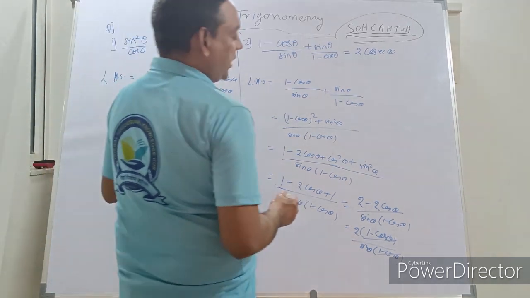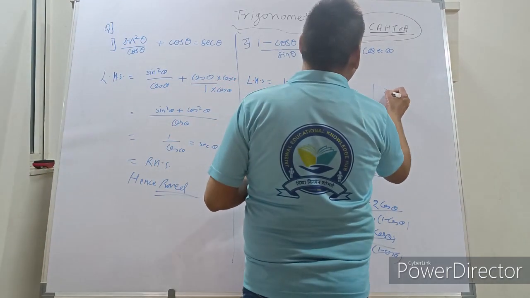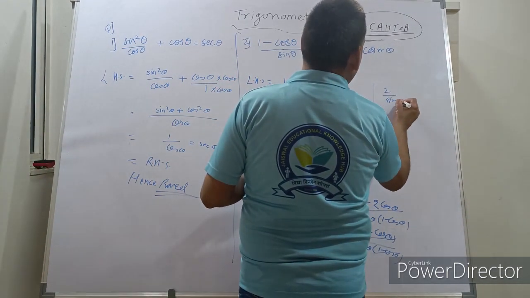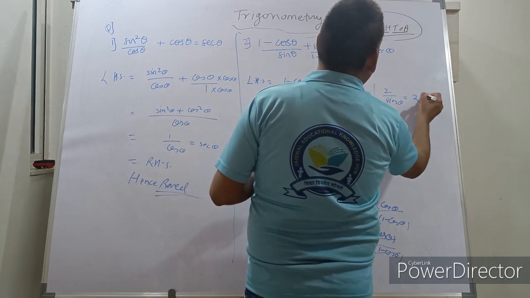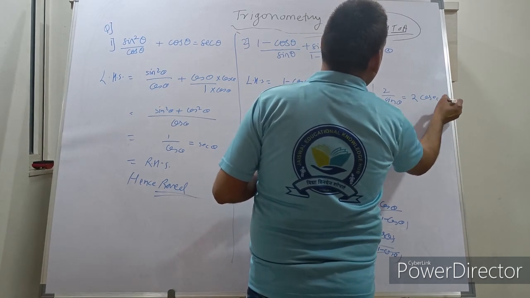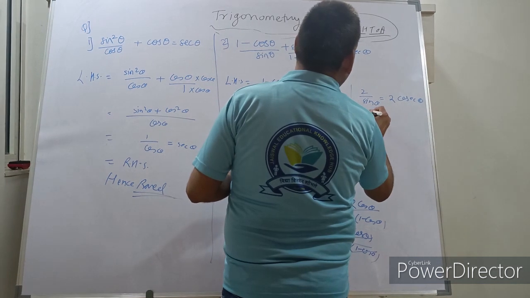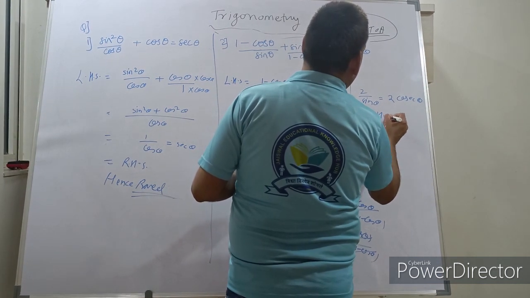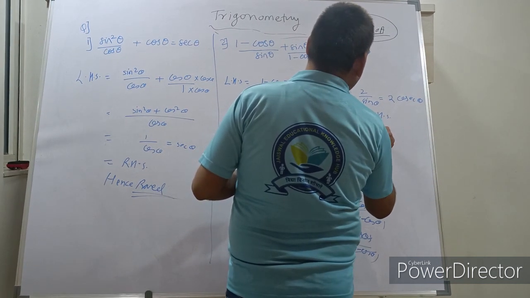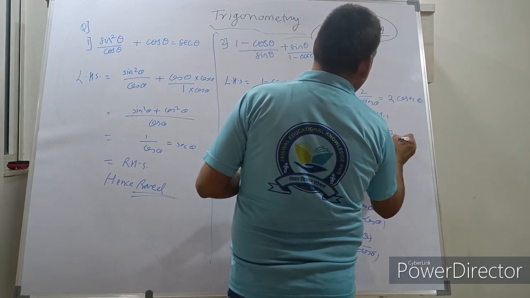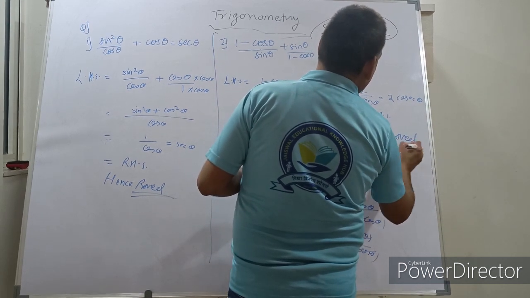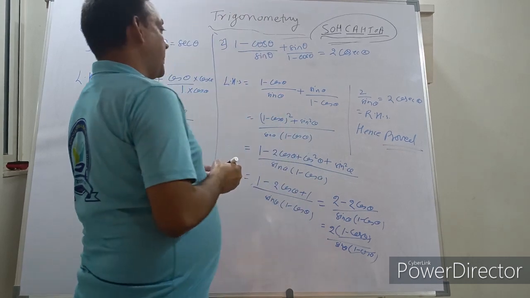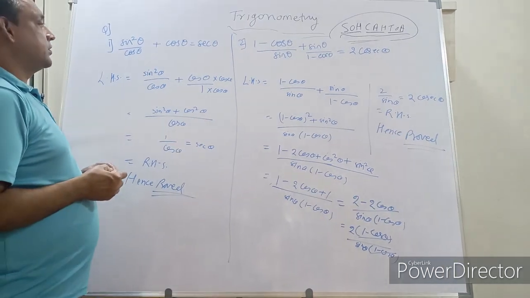So what is 2 upon sin theta? That becomes 2 cosec theta, which is equal to RHS. Hence proved. So we can do the same way.